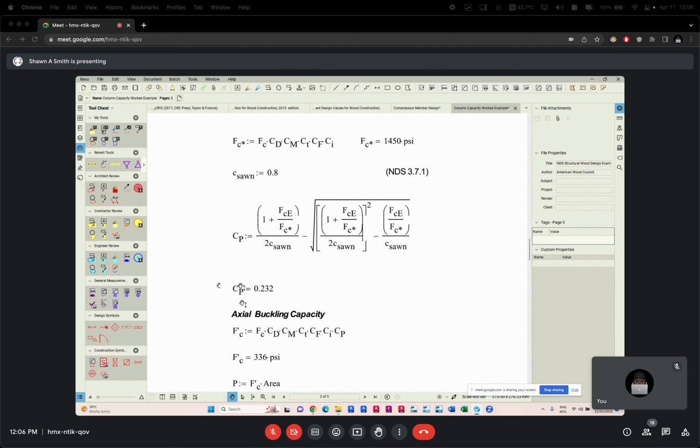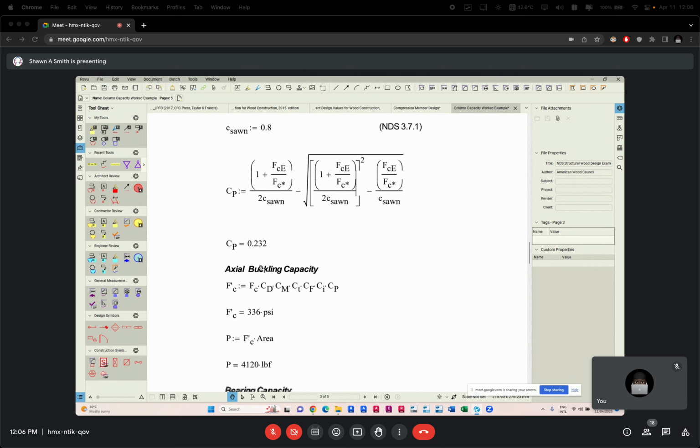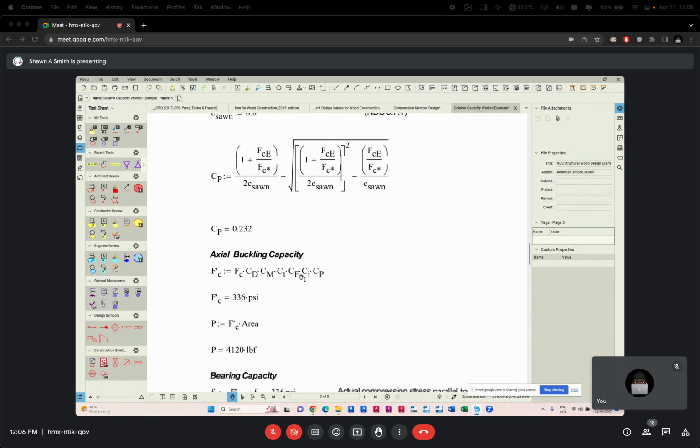And this now becomes your column stability factor. Column stability factor, which you will now apply to your stress factor, the stress, to get the buckling stress. So this is actually the buckling stress, again with all the factors which apply, joined by the CP.